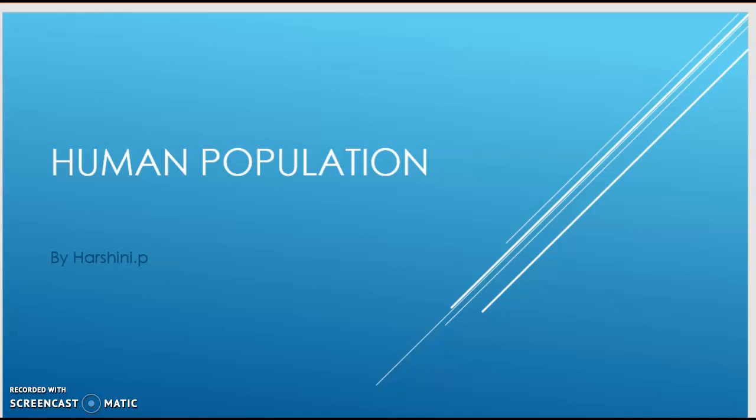So there are four main factors affecting a population. First is immigration, like people coming from other countries and staying in that country or population, which will actually increase the size of the population. Then natality, which increases the population size through reproduction.